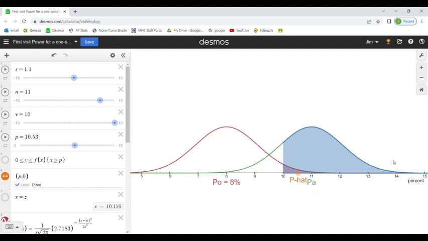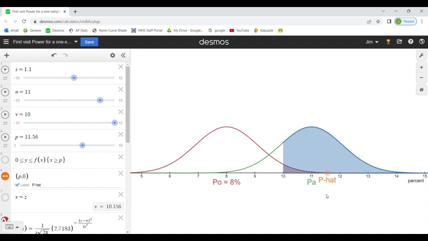That is the shaded blue region, everything above 10. I'm guesstimating that to be about 75%. So about 75% of the samples that we would take from a truckload with a blemish rate of 11% would be rejected by our test.